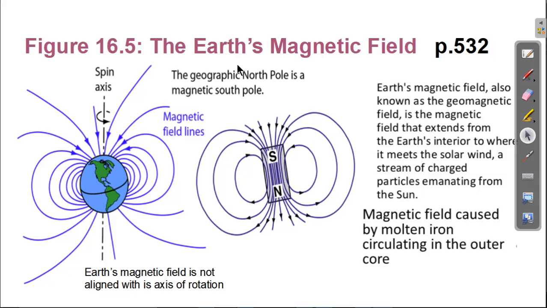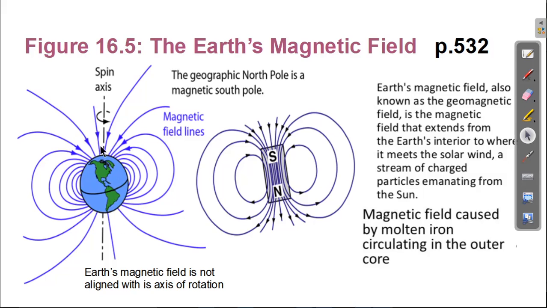Okay, Earth. Earth is the biggest magnet of all. It's just like a big magnet. It's a little bit tricky because of different things, but let's look at this for a minute. Look at the arrows coming in here. They're coming out of here. What does that mean? They're coming out of here means this is really the true magnetic north. This right here is the true magnetic south. But this is the North Pole, and this is the South Pole.